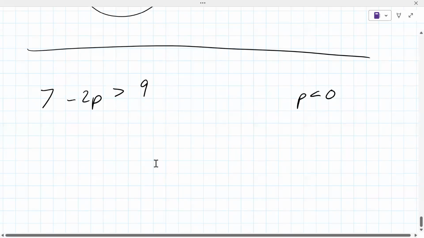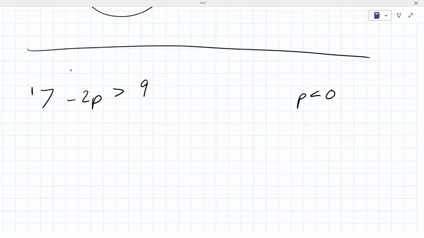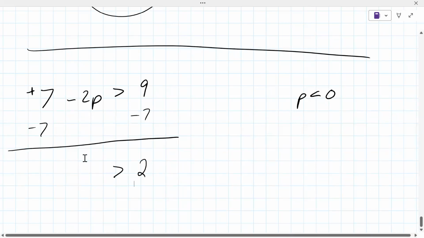Okay, tell me what you did first. I added 7 to both sides. Sorry, seven's positive. Okay, so tell me what is 9 minus 7? 2. Okay, and what do you bring down from the left side? -2p.